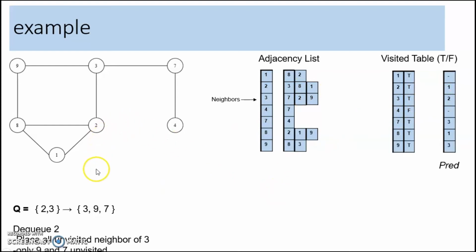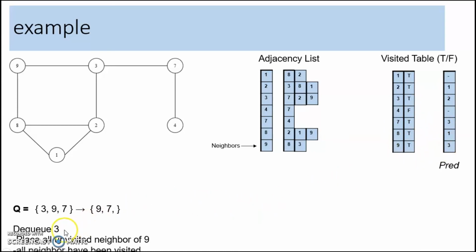After that we dequeue 2 and then 3. We take the unvisited neighbors of 3, that is 9 and 7. 2 has been visited, and then we mark 7 as 3 and 9 as 3.